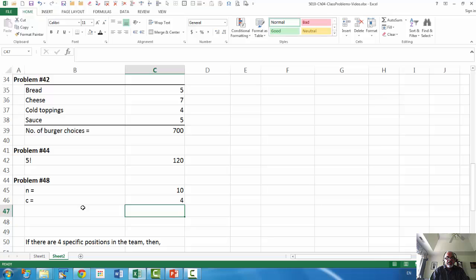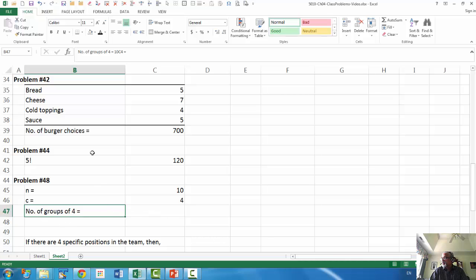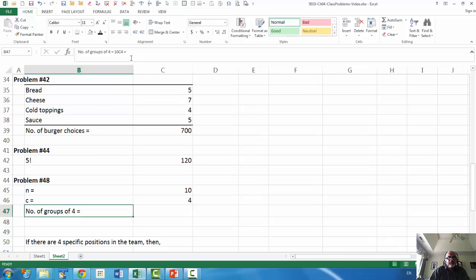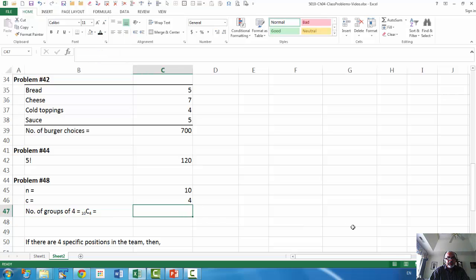So the number of groupings that we want is 10 combination 4. We have a function for that, combination, with n and the number to be chosen.